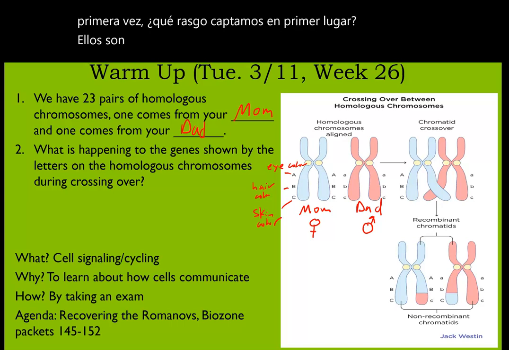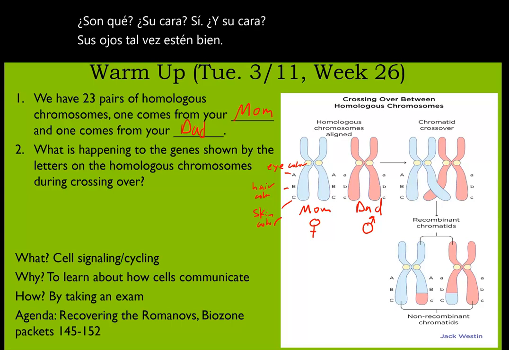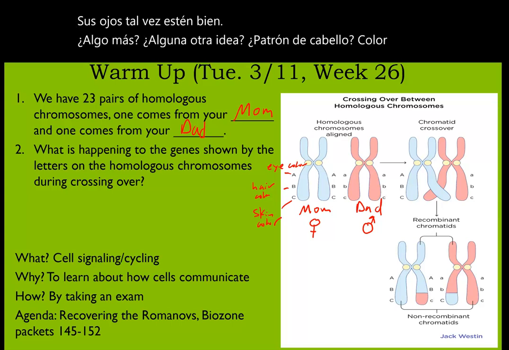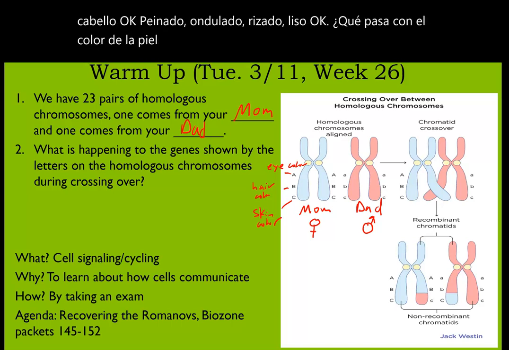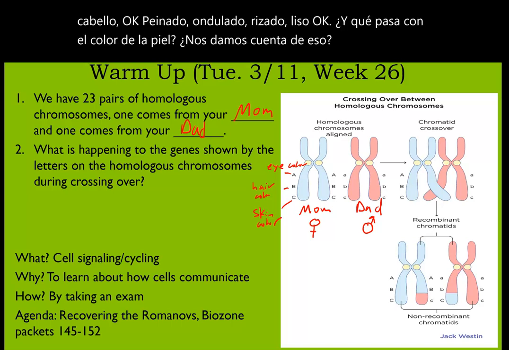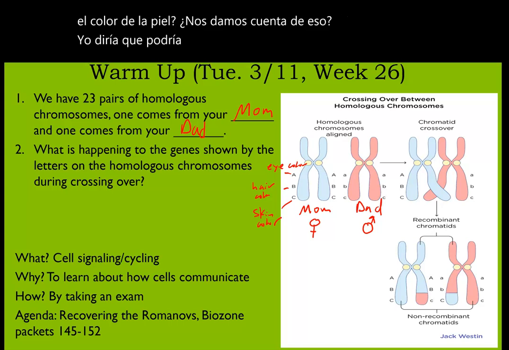Yeah, what about their face? Their eyes, maybe? Okay. Any other ideas? Hair pattern, hair color. Okay. Hairstyle, wavy, curly, straight. Okay. What about skin color? Do we pick up on that? Yeah. I would argue that might be the first one we kind of subconsciously look at.